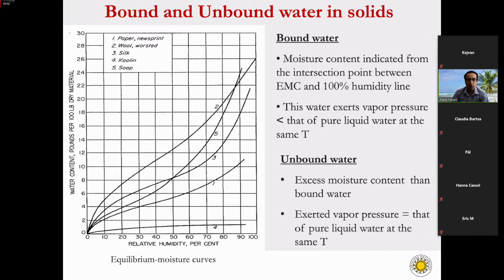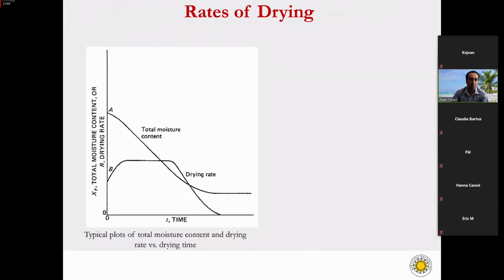This bound water exerts a vapor pressure less than that of pure liquid water at the same temperature. Any moisture content in excess of this is called unbound moisture or unbound water, and it normally exerts a vapor pressure equal to that of pure liquid at the same temperature.